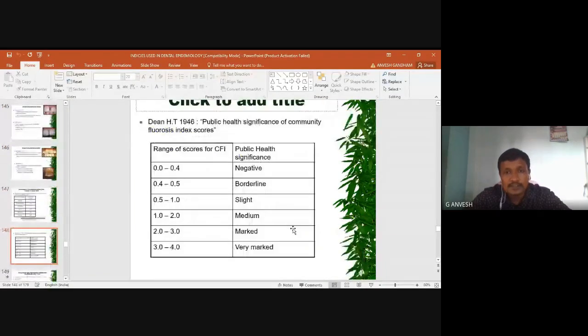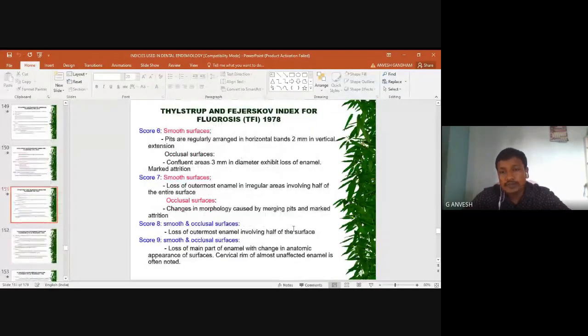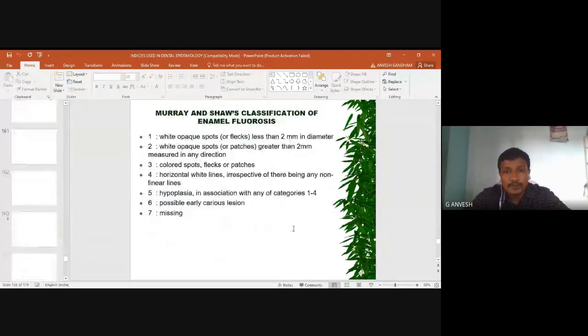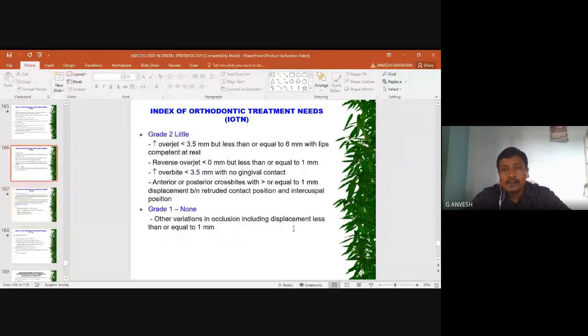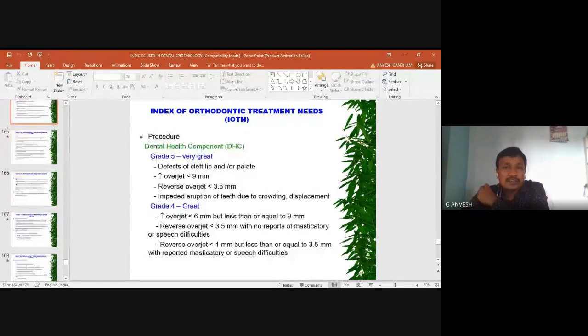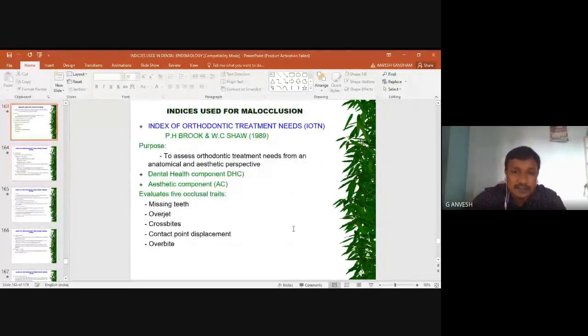That's it. For today, we'll end with this introduction part. And this is not required at your level. Indices used for malocclusion or orthodontic treatment needs, I'll just give you the names.